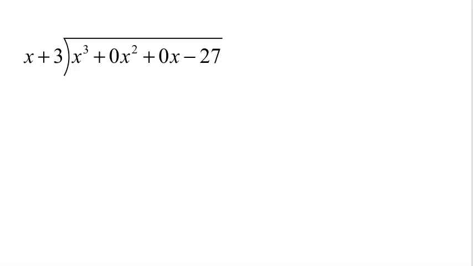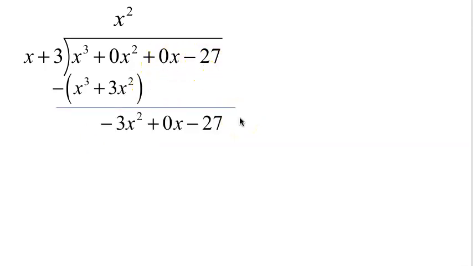So the first thing we have to ask ourselves is divide the leading terms. X cubed divided by x is, of course, x squared. X squared times x is x cubed. X squared times 3 is 3x squared. When we subtract, x cubed minus x cubed is 0, 0x squared minus 3x squared is negative 3x squared plus 0x minus 27 for the rest.